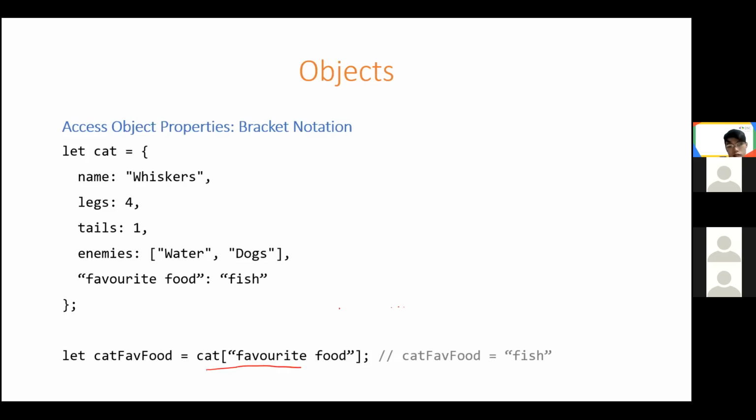So you can get the favorite food property out from the cat object. At the end, the catFavoriteFood variable, if you have assigned the value back to this variable, will contain the value of fish, because it has fish as its favorite food.